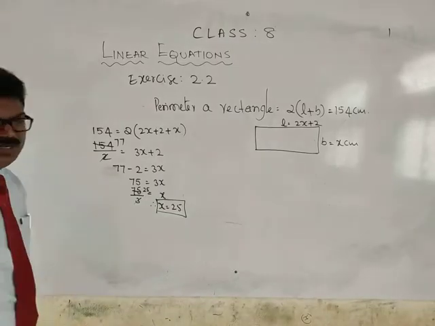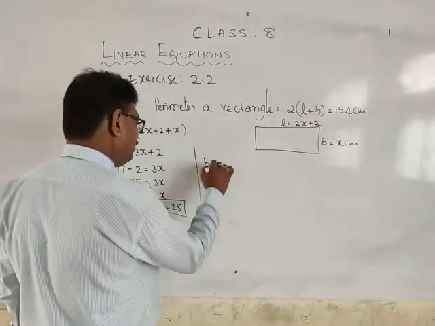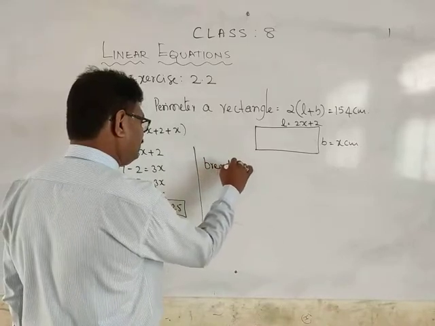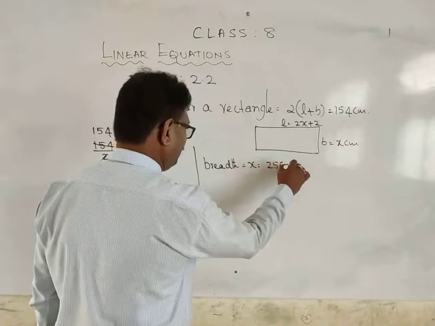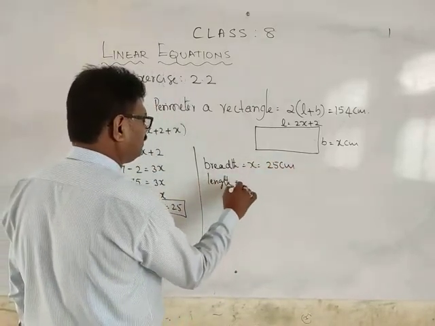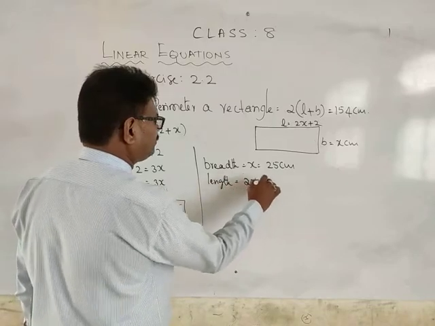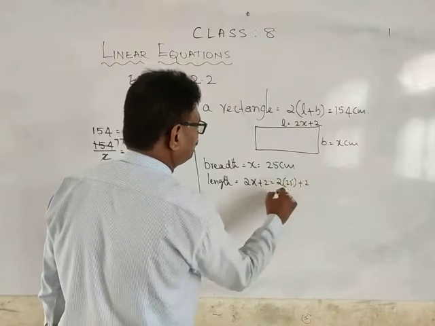What is x equal to? Breadth. Therefore breadth equal to x equal to 25 centimeters and length equal to 2x plus 2, that is 2 into 25 plus 2.